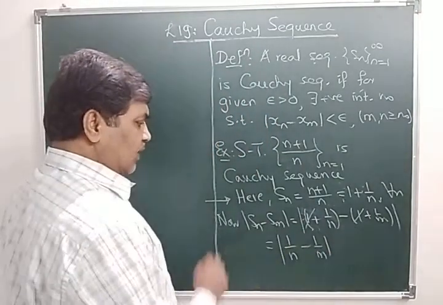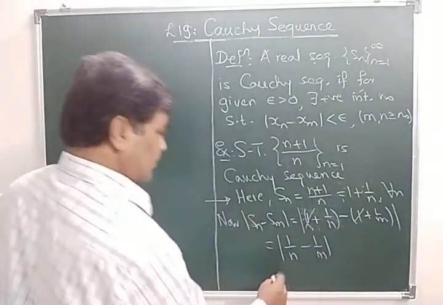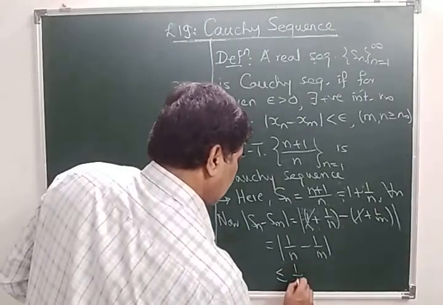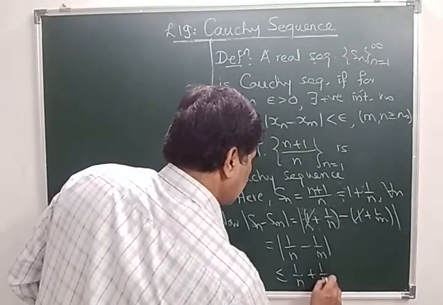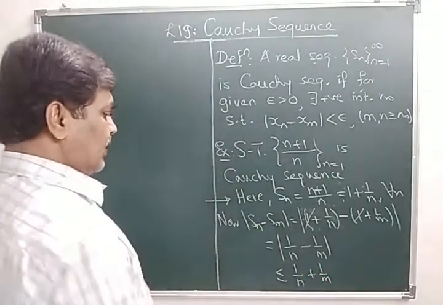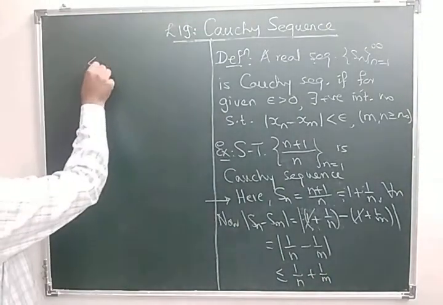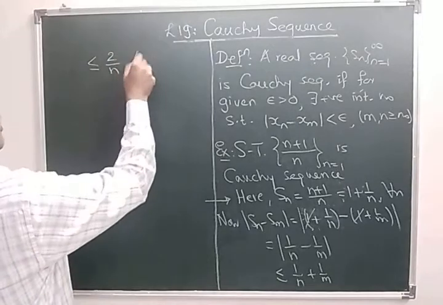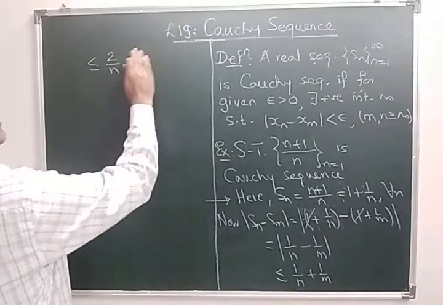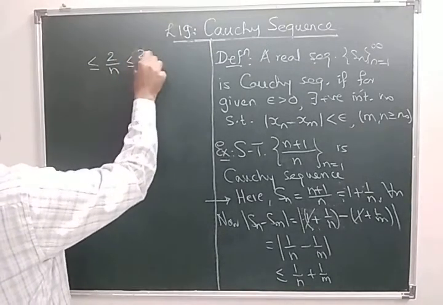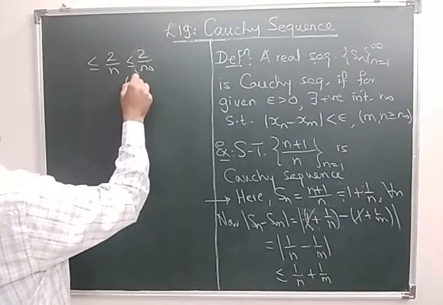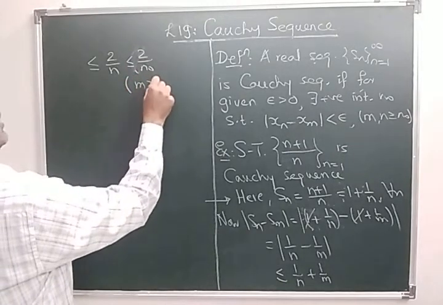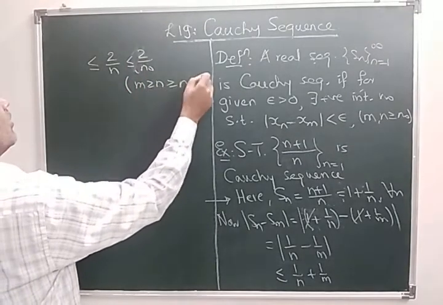By triangle inequality, this is less than or equal to 1 by n plus 1 by m, and then this is again less than or equal to 2 by n naught for any m greater equal n greater equal n naught.